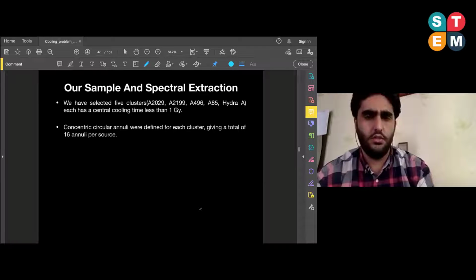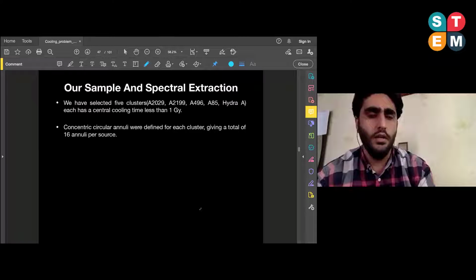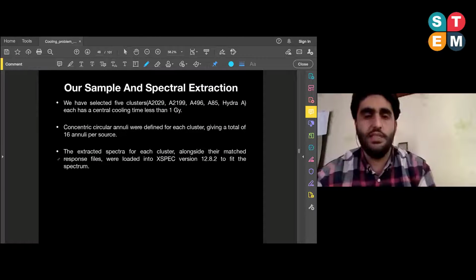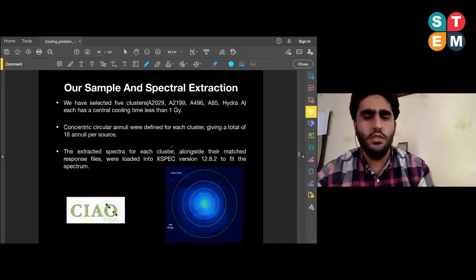The sample that we have used in our study includes these clusters that you can see here. An interesting aspect of this sample is that all members that we have chosen have a cooling time less than 1 gigayear in their central regions. We have chosen 16 annuli per source, and we have used CIAO software and XSPEC.